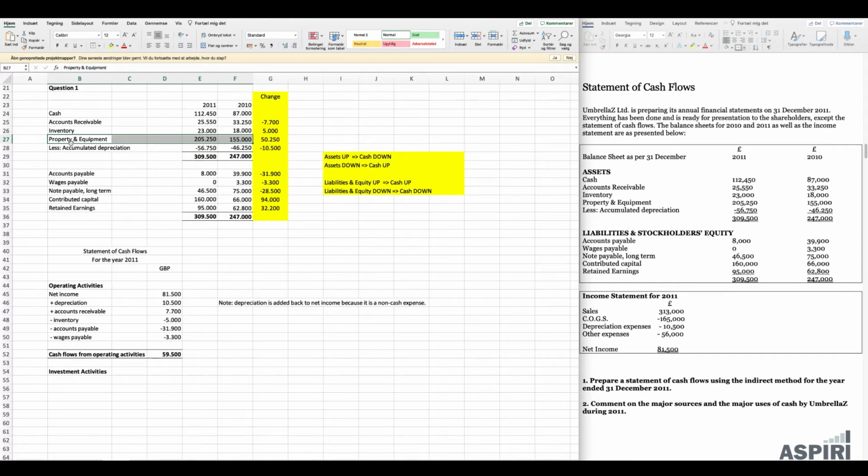As per our calculation, this corresponds to an increase of 50,250, which means that if we interpret it with the cash lens here, we have that assets have gone up, and the result in terms of cash is that cash has gone down. So I'll want to note here that we have a negative property and equipment. That is what is the cash effect. That's why I write it as a minus, of course. And that is minus 50,250, like so.